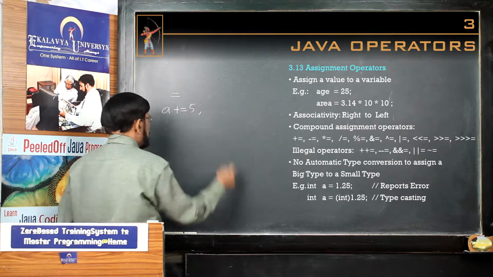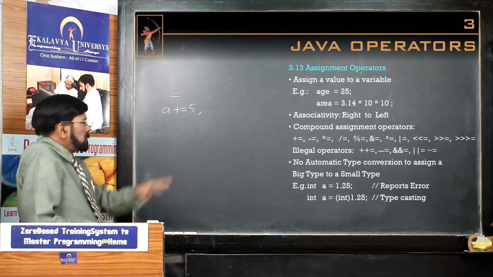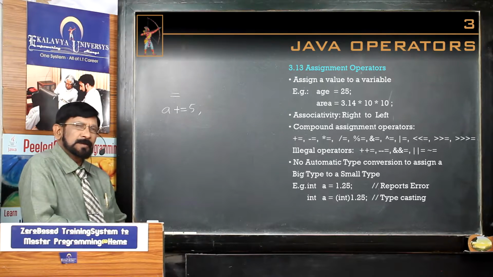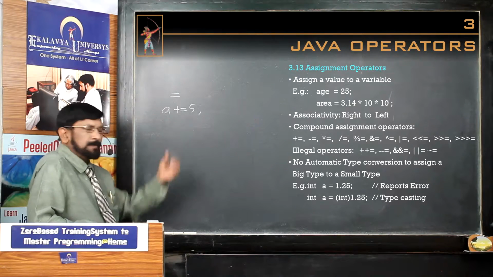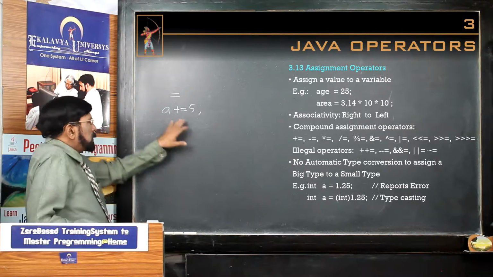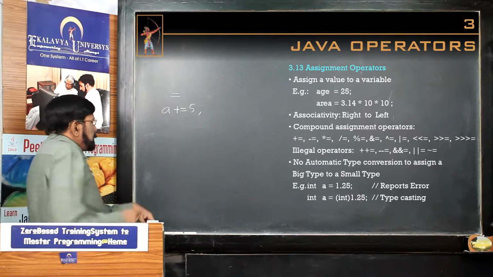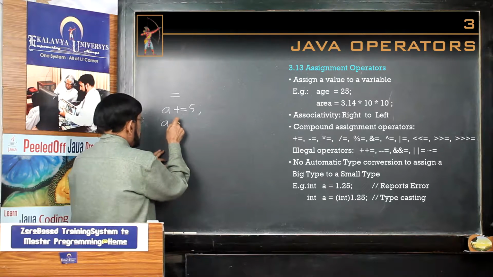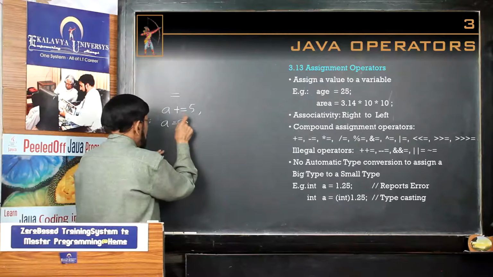Like this, we have to write the expression. This is also known as shortcut operators. Normally, we write these operators in loop control sequence. Now we see what is the meaning of that. It is just a shortcut notation. This is A is equal to A plus 5.